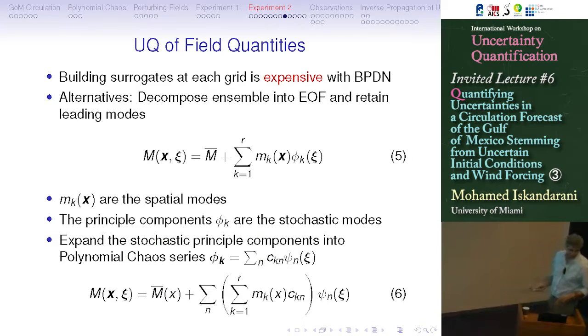Now, field quantities. All these surrogates were produced with basis pursuit denoising, which is a somewhat expensive algorithm because of the cross-validation. So if you want to repeat this at every single space point and time point, that will be an enormous, expensive calculation. Parallelizable, but expensive.